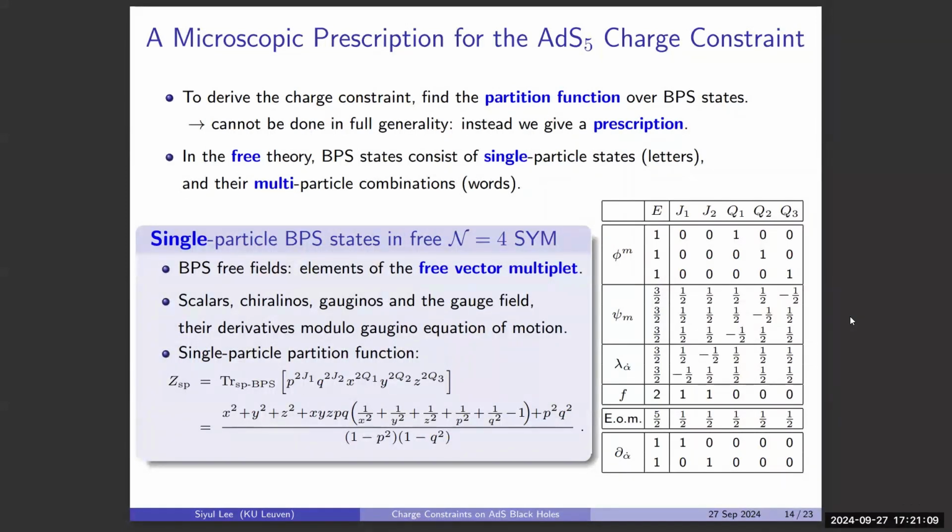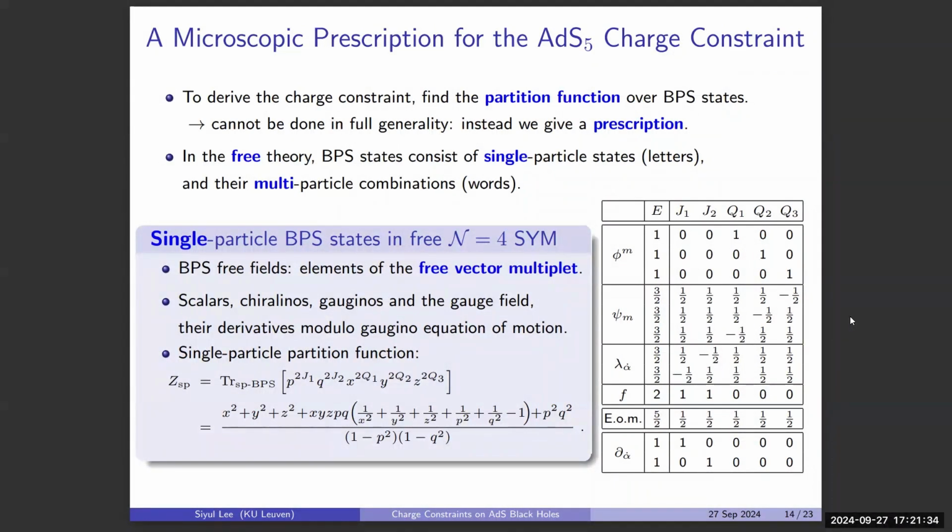The letters: there are 3 scalars, 3 derivative-like fields, 2 gauginos, gauge fields, and any number of derivatives acting on them. So any combination of these fields, acted on by derivatives and taking products of them, will be a viable BPS state in the free N=4 Yang-Mills theory.